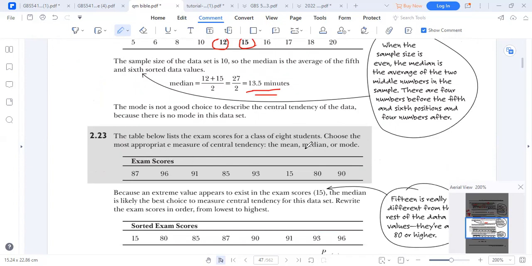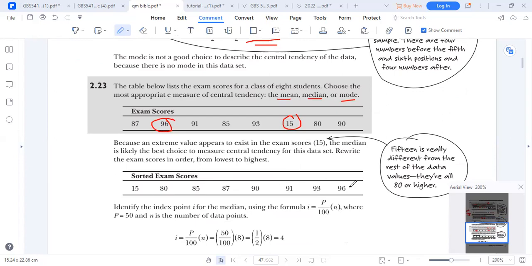Then we have data here, and we are asked to choose the most appropriate measure of central tendency between the mean, the mode, and the median. So let's start. Firstly, we can rewrite this, arranging it from the smallest, which is 15, to the highest, which is 96. Let's start with the median. How many are these? 1, 2, 3, 4, 5, 6, 7, 8. So half of 8 is 4.